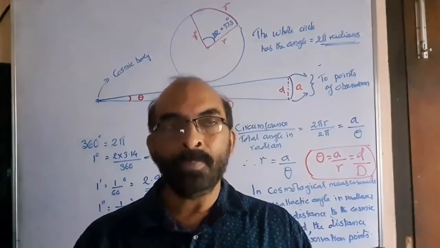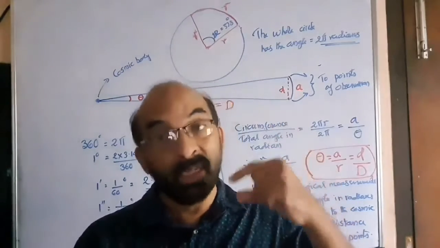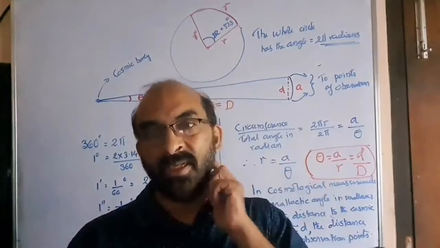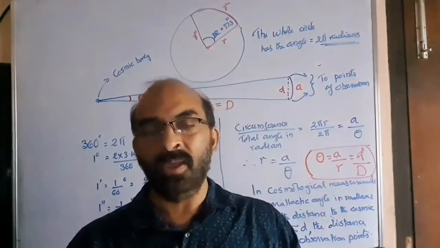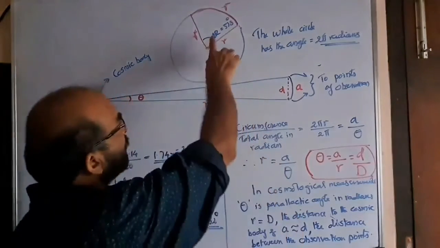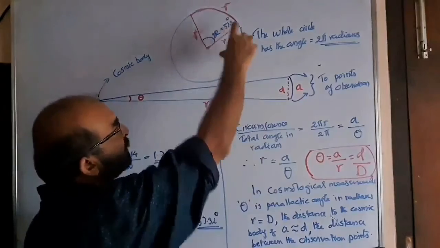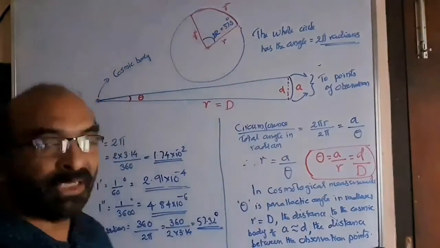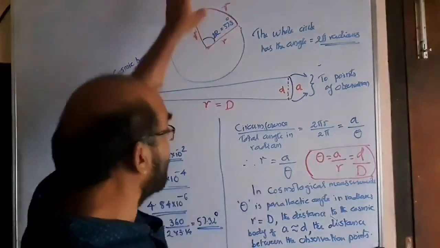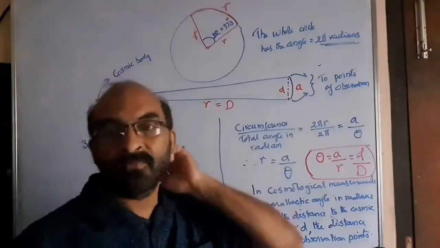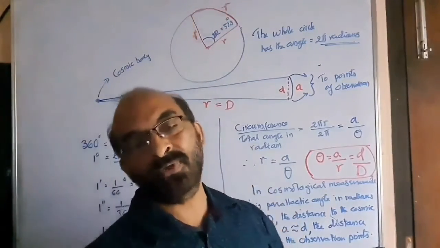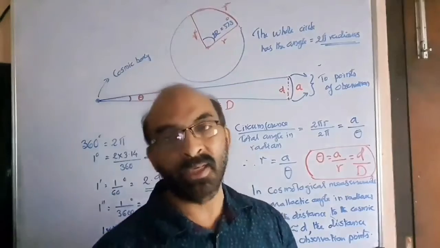We know the total angle in degrees is 360 degree around a point. Okay. And here the angle 1 radian is 57.3 degree. 1 radian is equal to 57.3 degree.